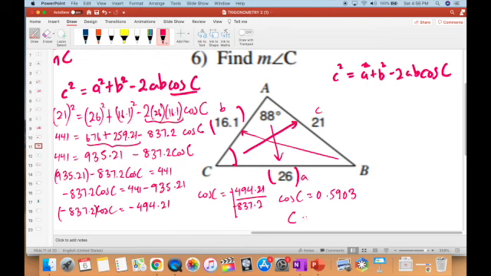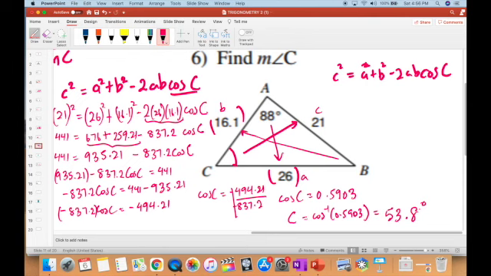So therefore C is the cos inverse of 0.5903, which is 53.8 degrees. Scotia, you got anything close to that? I got that. Lovely! How about you, Shizzy? I did not. Right, because you made the error.